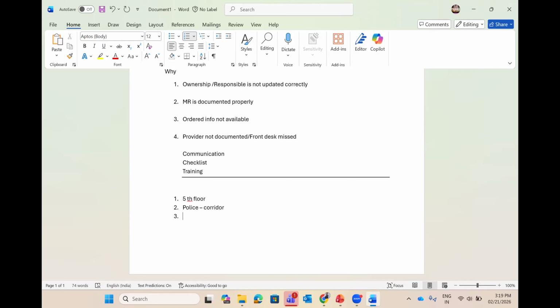Third, in the room where the prisoner was, there are a lot of unused bed sheets in the cupboard, in the storage in the same room.